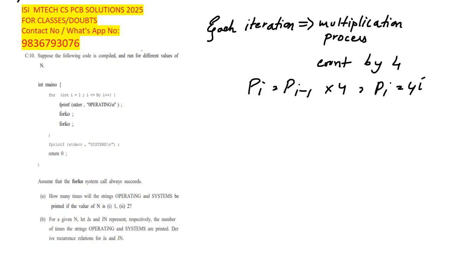For n equals 1 and n equals 2, we start with 1 process. The loop runs once.